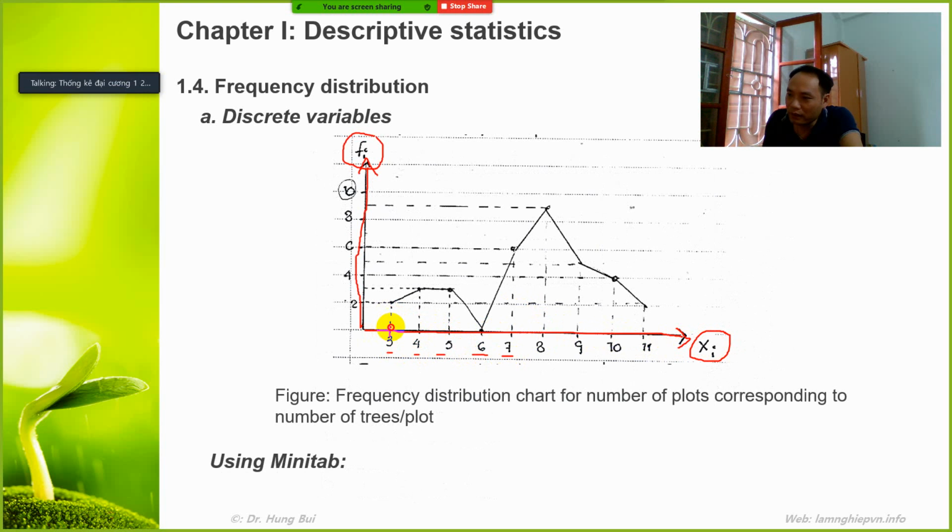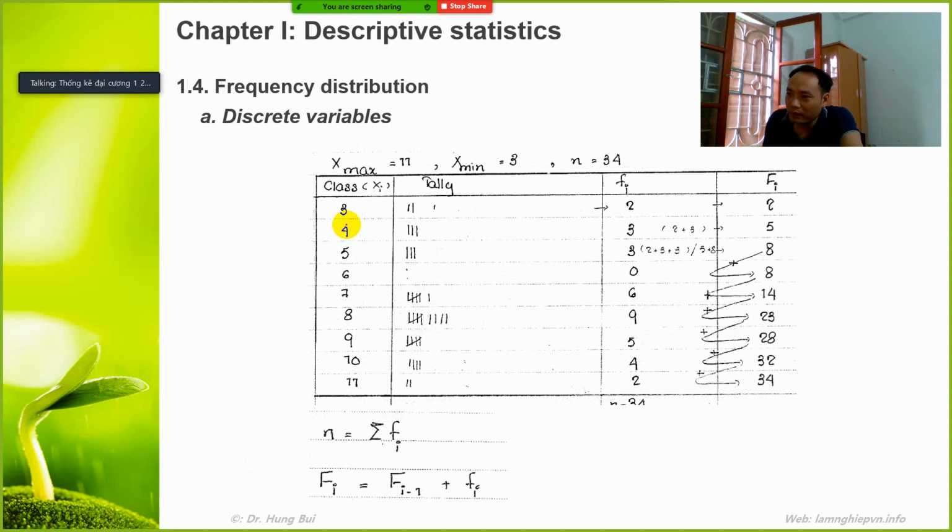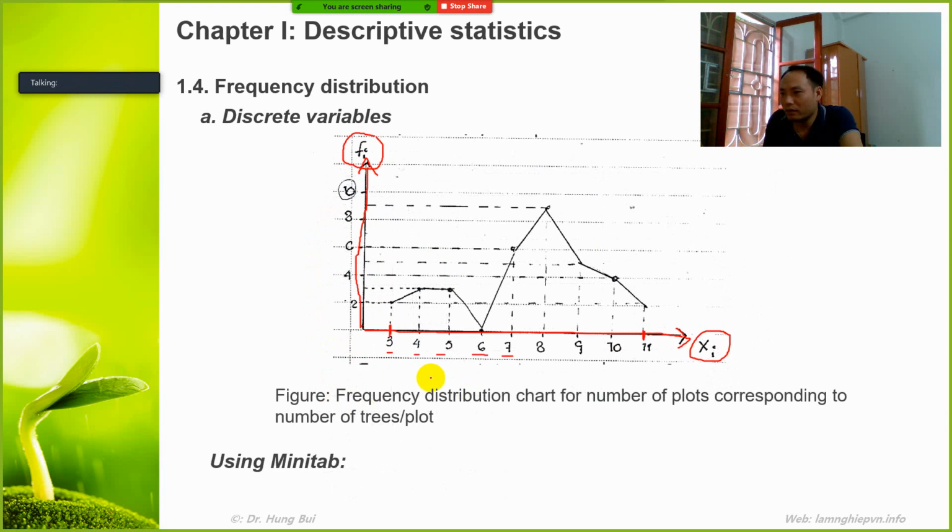So we just take the smallest and the biggest values from xi here, and then we divide into intervals like that. 4, 5, 6, 7, and so on. Do you finish?